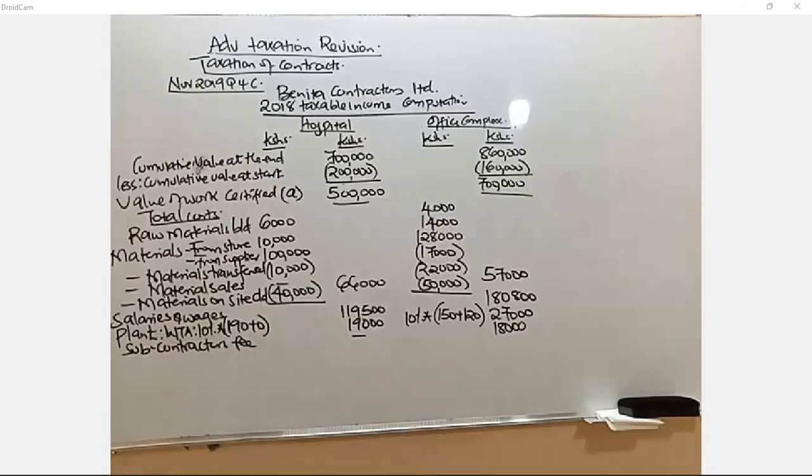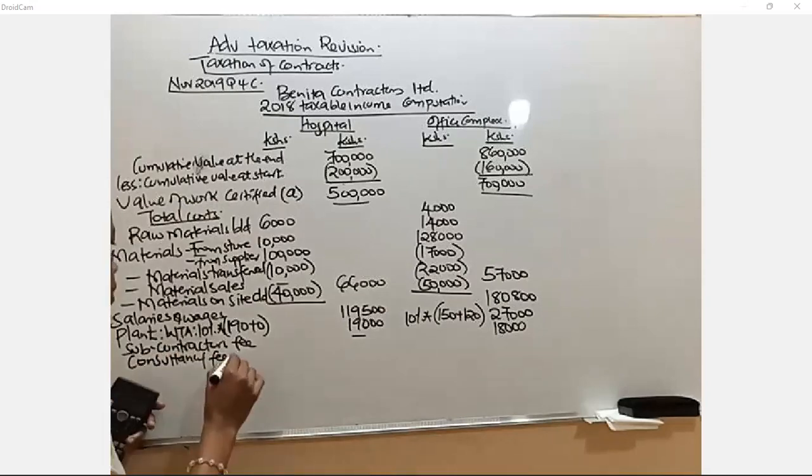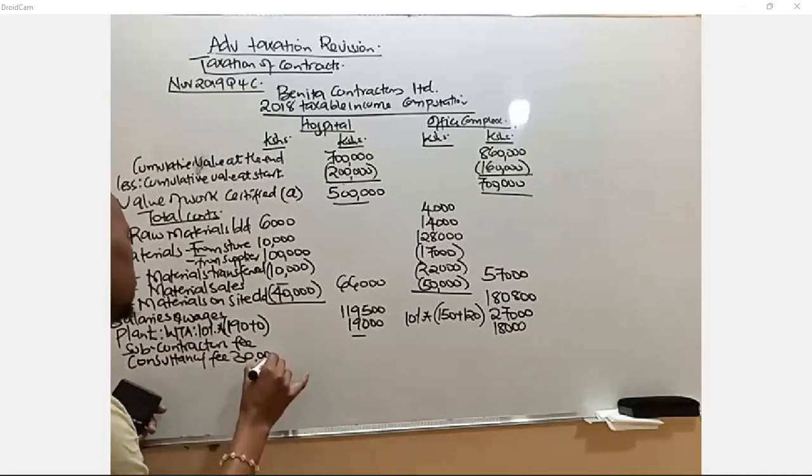Then from the subcontractors, we go to the consultancy fee. How much is our consultancy fee? Here we have 30, right? We have 30, but there is information provided somewhere in the additional information where we are being told the consultancy fee for the hospital project includes 40,000 prepaid. When we have a prepaid, we have to deduct it. So in this case, I take 30,000 minus 40.